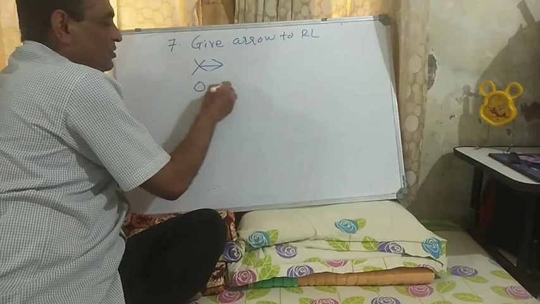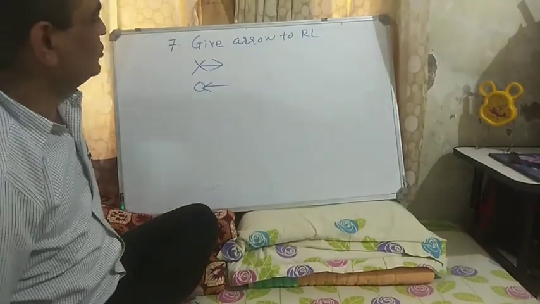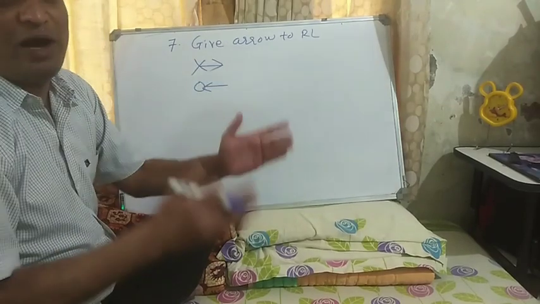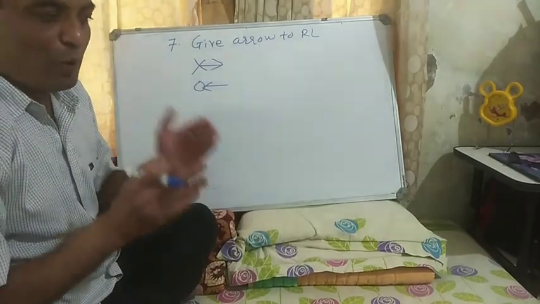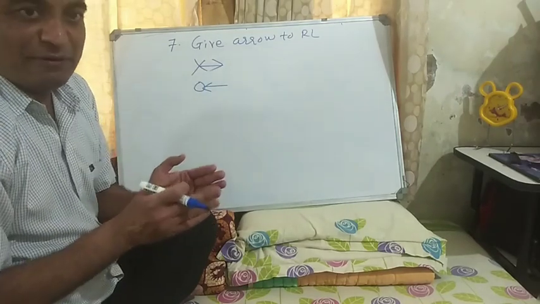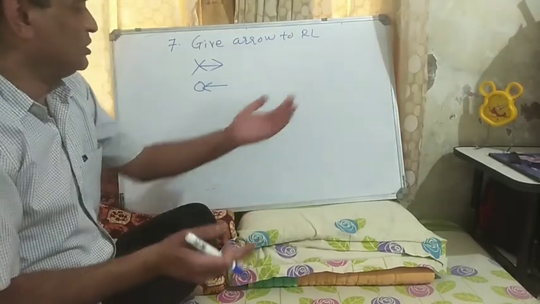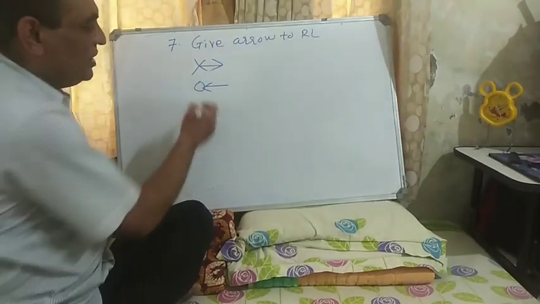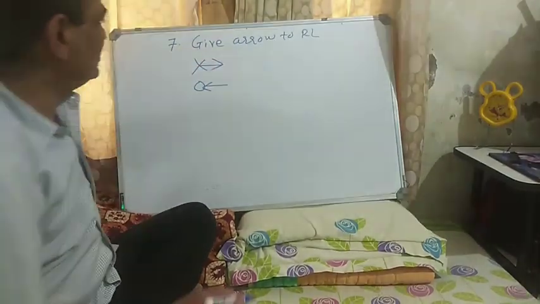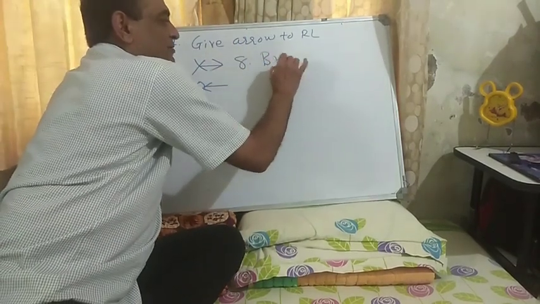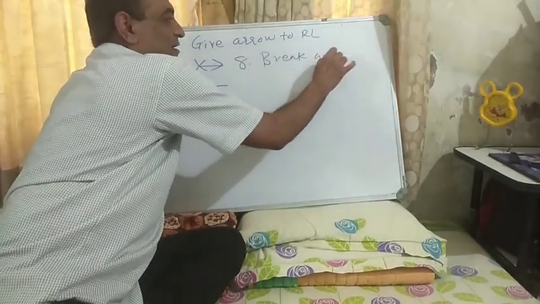If there is a zero, you give an arrow inward. From every open loop pole, the root locus will start, so give an arrow in the outward direction. For every open loop zero, the root locus terminates, so the zero is capable of receiving the root locus branch. So give an inward arrow.